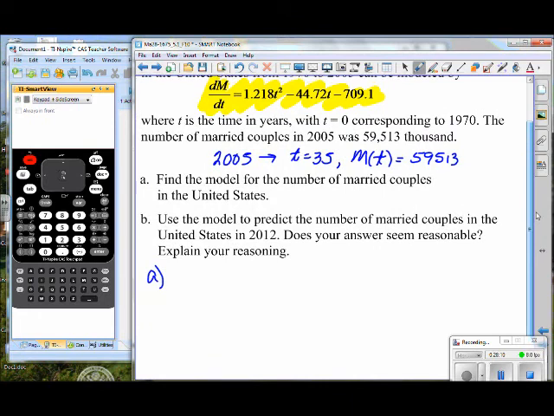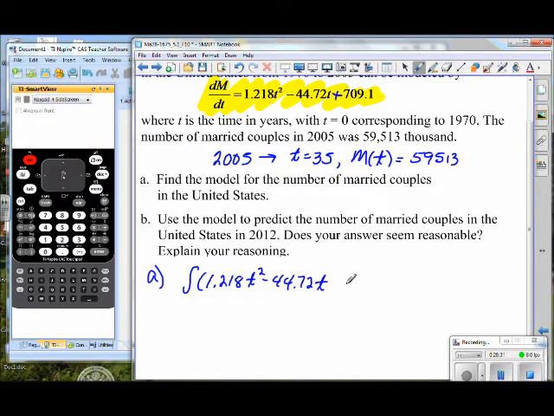So let's look at part A here. Using the very same process we have been, we're going to take the indefinite integral of, and remember the parentheses are extremely important, otherwise we are writing the wrong equation, 1.218 t squared minus 44.72t, and actually this needs to be a positive.